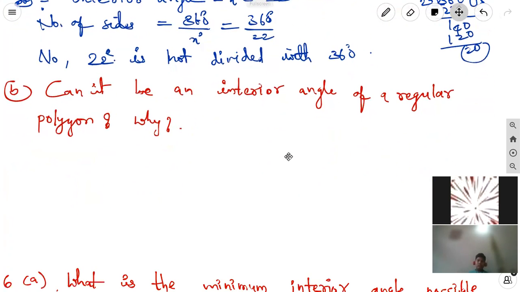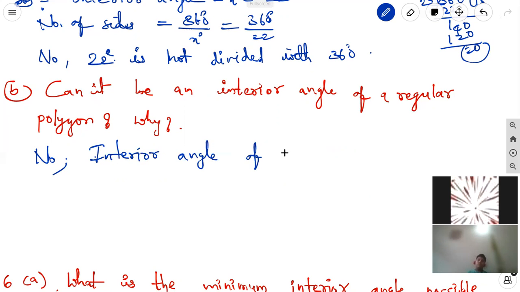Next, can it be an interior angle of a regular polygon? No. Why? Because if it is the interior angle, we know that interior angle of a regular polygon is equal to 180 degrees minus exterior angle.